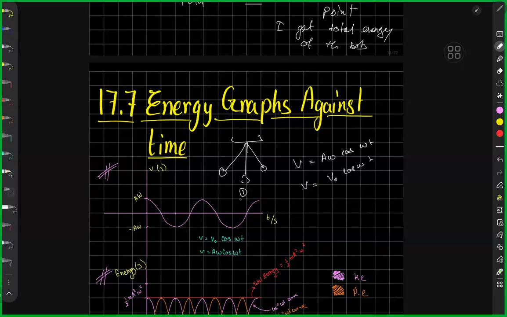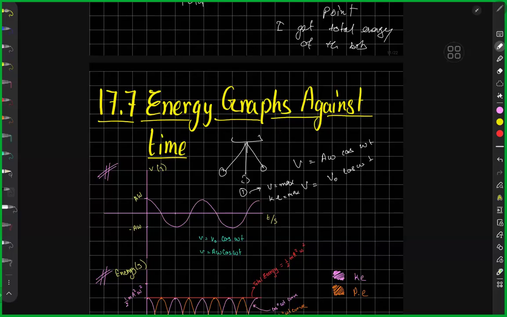So the equilibrium position is where my bob starts oscillating from. And over here, what do we know? The velocity v is max. Why? KE is max. So this is the equilibrium position or the starting position.